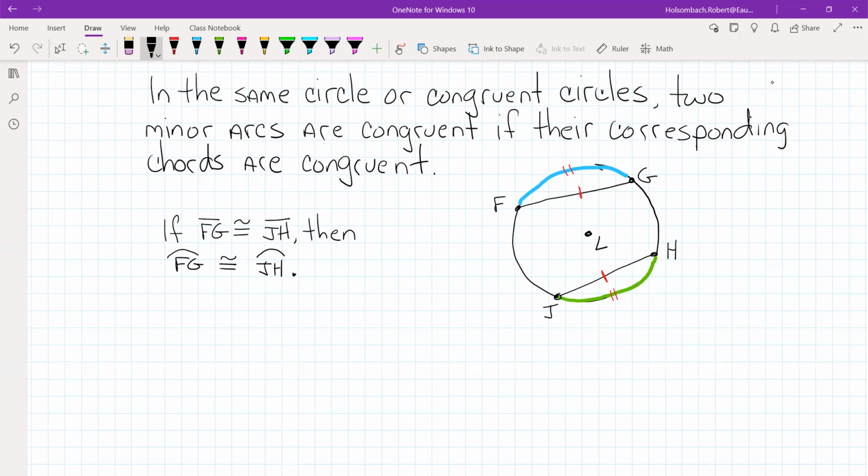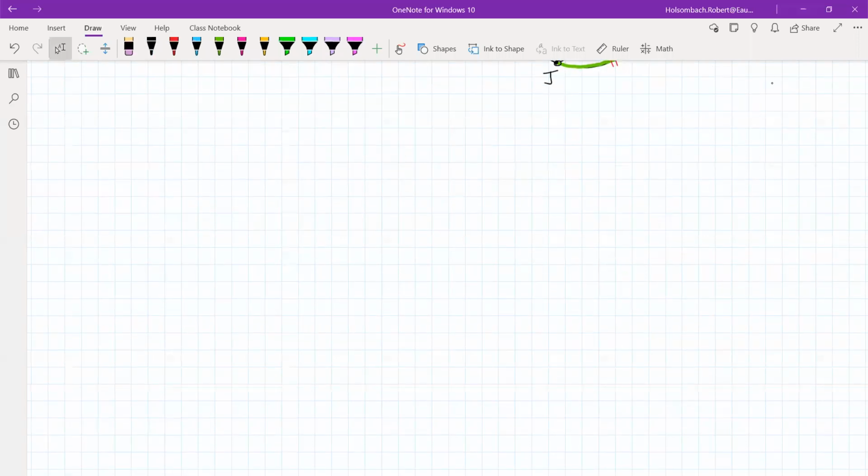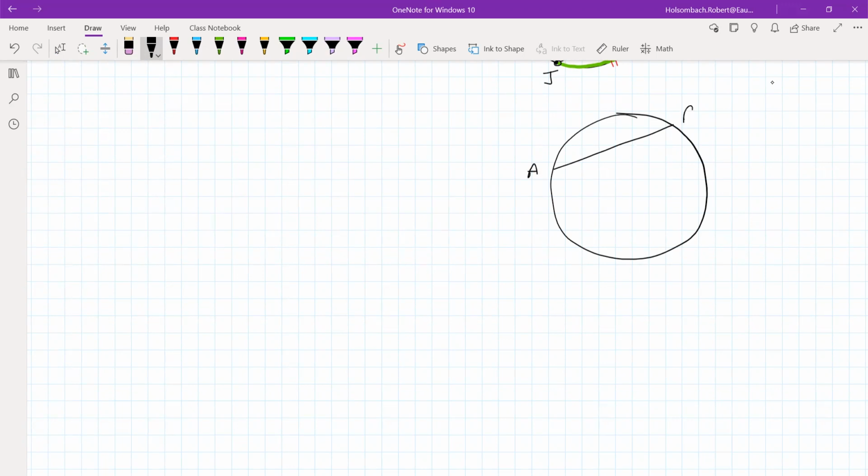So look down at the bottom of page 715, and they give you a circle over there. And you've got a chord AB and another chord CD, and you're told that they are congruent.